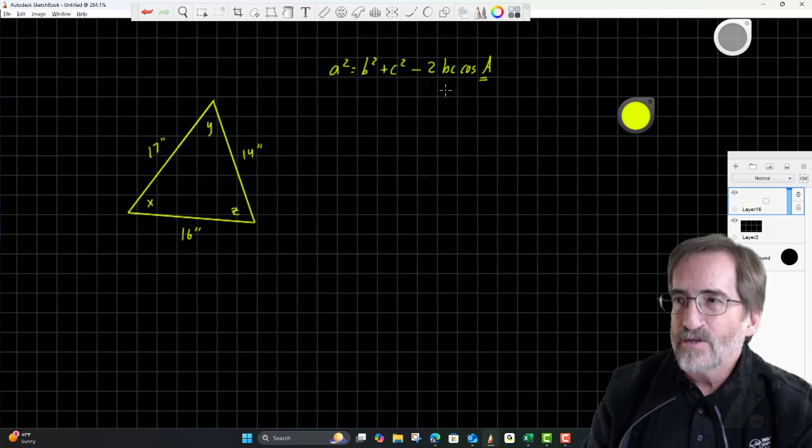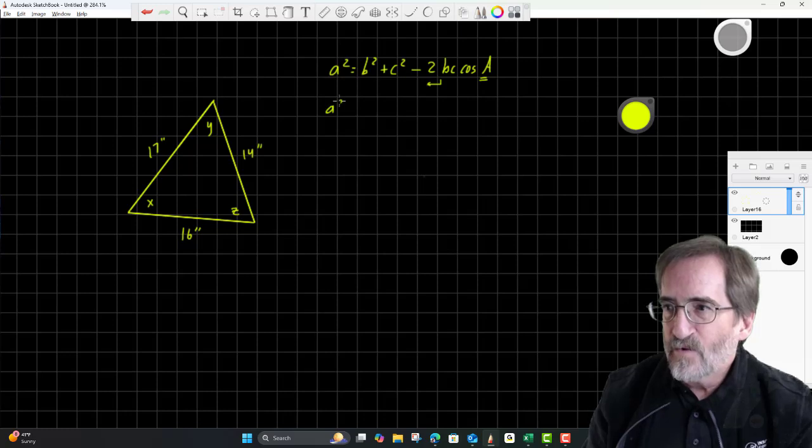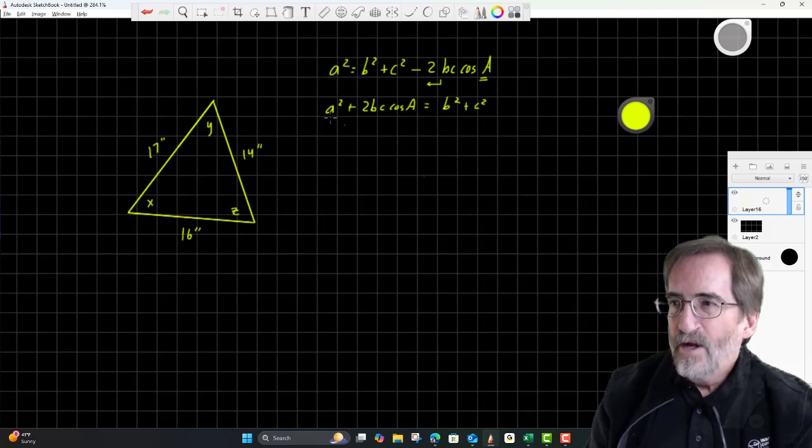We don't know any angles, and so what we want to solve for is the angle, the capital A. So I'm going to do some arithmetic here. I'm going to add 2bc cosine A to both sides. So a squared plus 2bc cosine A equals b squared plus c squared. And then I'm going to subtract a squared.